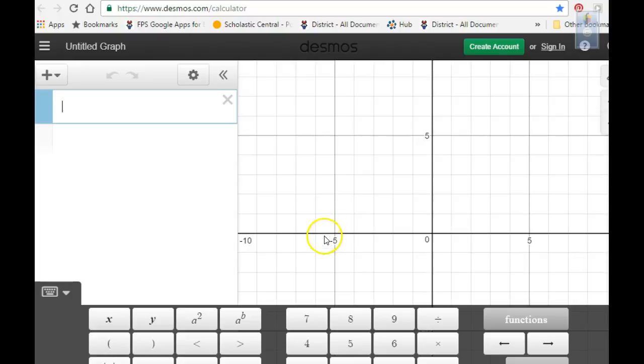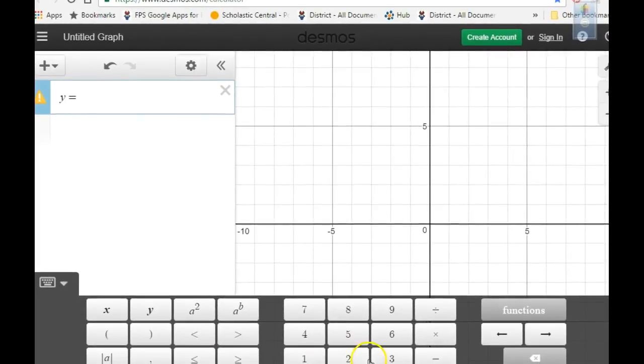We want to type in the equation that they give you. They said y equals, and we were looking at the absolute value. The absolute value is going to be that key down here as you are looking at yours.